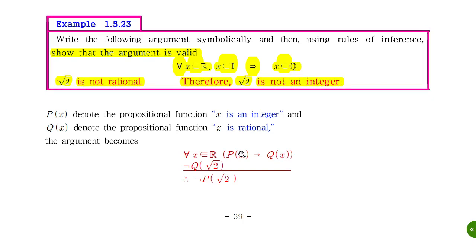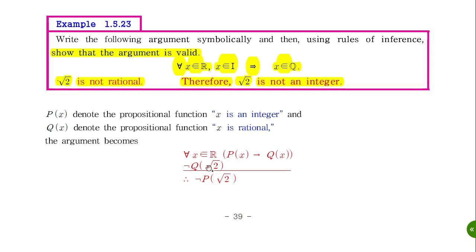Okay, if it's integer, then rational. But here, square root of 2 is not rational, can be written as negation of Q of square root 2. This is true. From this true statement, and this is a condition.